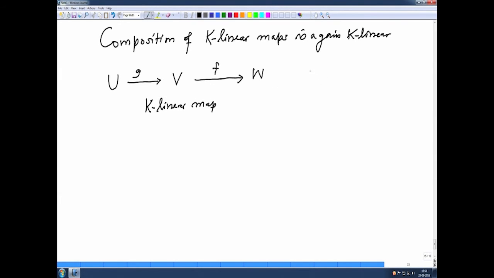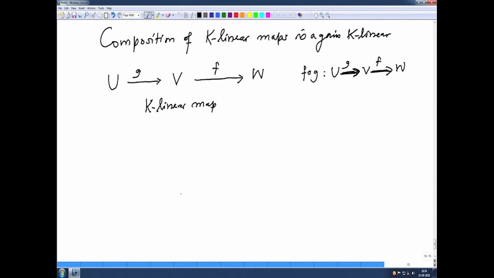Then the composition we denote by F composed with G. First G, that is from U to V, and then F, from V to W.